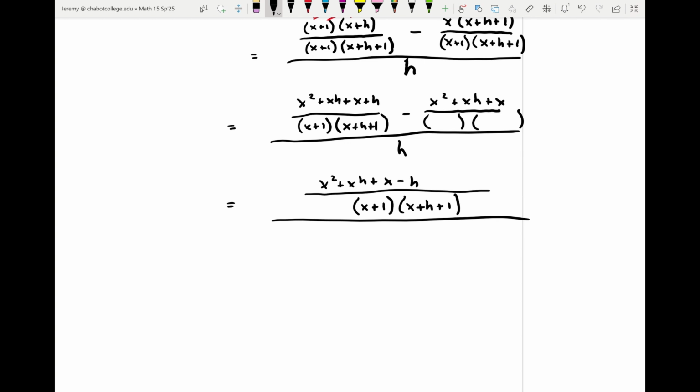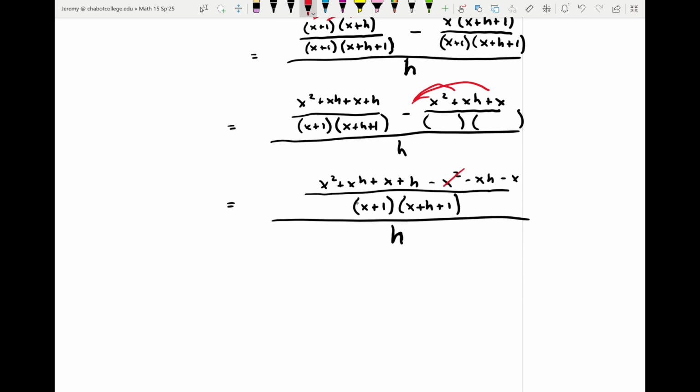And since I'm subtracting, remember I actually have to distribute this negative sign to all three of those terms up there. We're taking the difference of those two polynomial numerators, and when we subtract polynomials, we have to distribute. So that's why I'm going to get minus x squared minus xh minus x, and the whole thing is over h still.